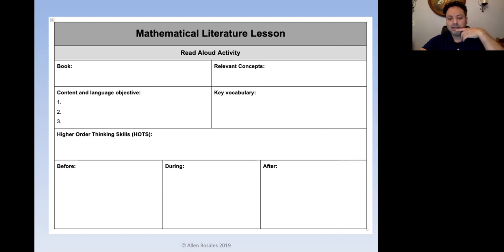So it's basically language arts. And that's important because sometimes we only focus on content. And if you have dual language learners, or just in general, anybody who's learning language, it's really important that we intentionally provide language experiences, not just cognitive ones.